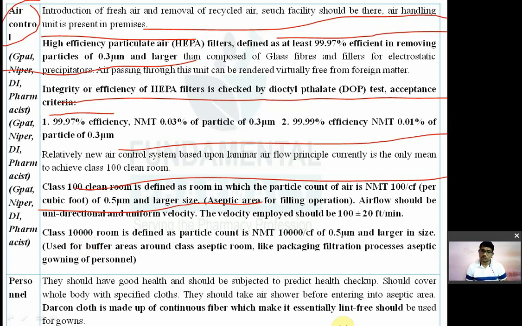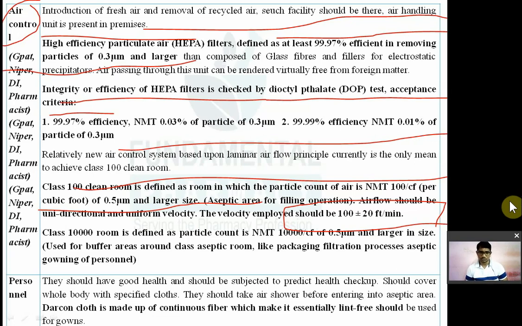The velocity employed in this area is nothing but 100 plus minus 20 feet per minute. इसके ऊपर भी क्वेश्चन आ चुका है. What is the air velocity in the aseptic area? Aseptic filling, or aseptic operations, or aseptic filling and sealing is carried out in one of the following areas like class 100, class 1000, class 10,000, class 1 lakh. इससे ऑप्शन आएंगे आपको.